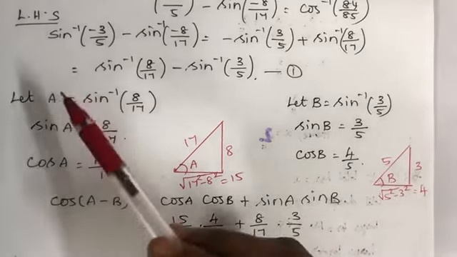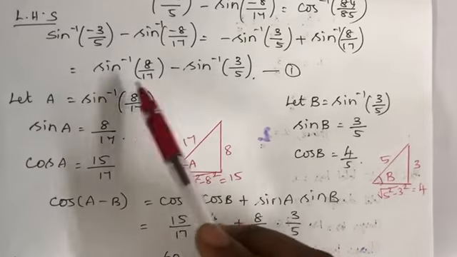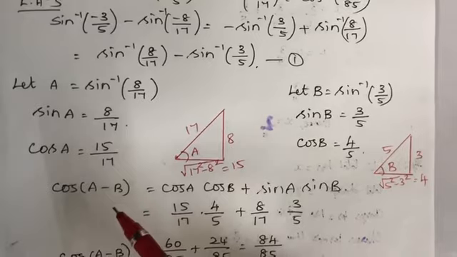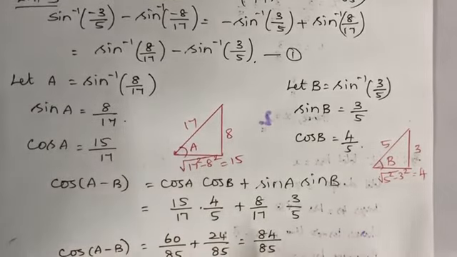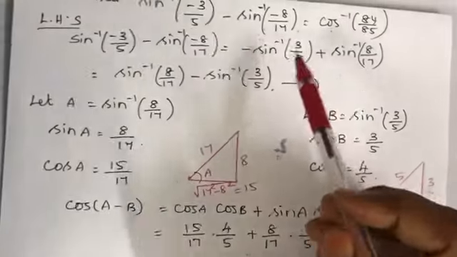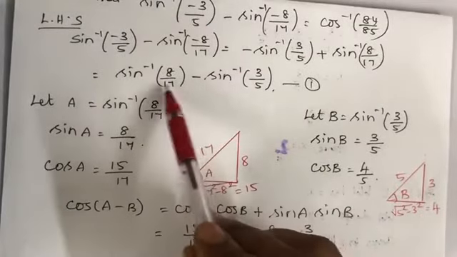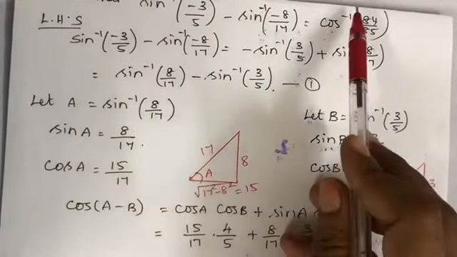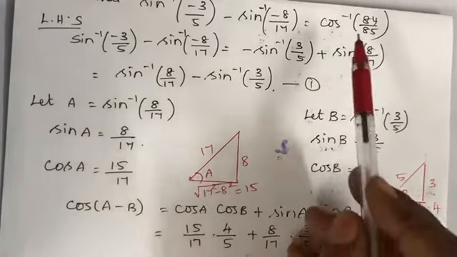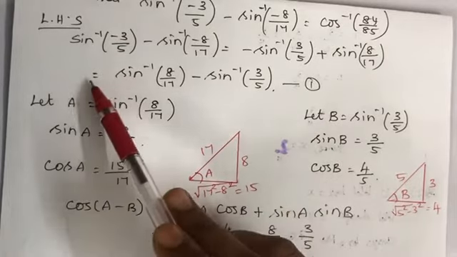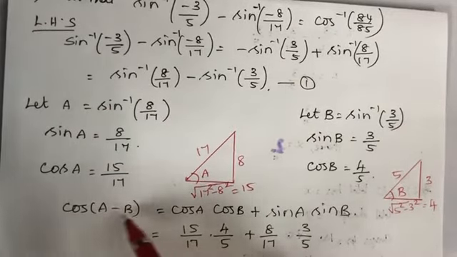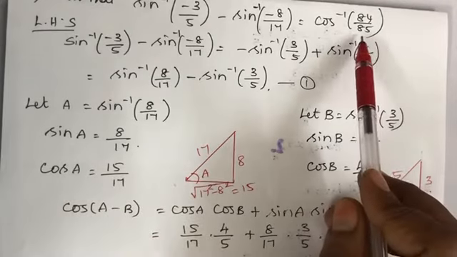Okay. So, this is our A and this is our B, A minus B. Okay. Cos A minus B. Now, I am using the cos A minus B formula. We take this as A and B and we have to prove that it is cos inverse of 84 by 85. This is subtraction, two terms. So, cos inverse while coming to this side, it becomes cos. So, if we use the cos A minus B formula, it will be easy for us to find the value.